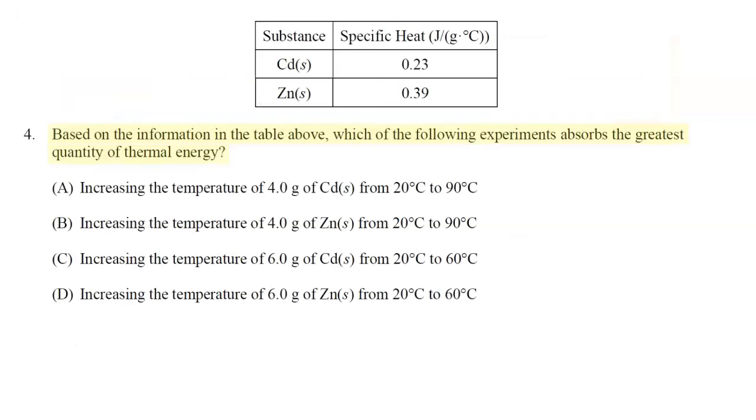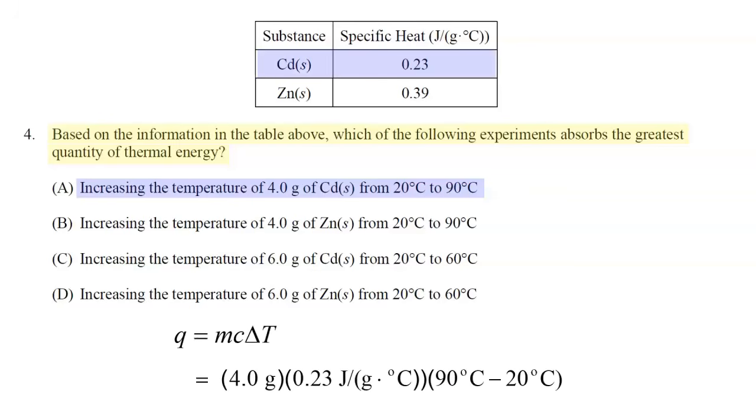So here we have the specific heat capacity for cadmium and zinc, and we have 4 choices, A, B, C, and D. Let's go ahead and start with choice A. The mass of the sample of cadmium is 4 grams, so that's going to be the M. The specific heat capacity for cadmium is 0.23 joules per gram degree Celsius.